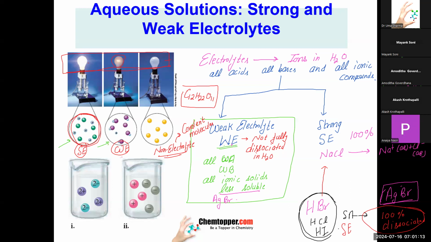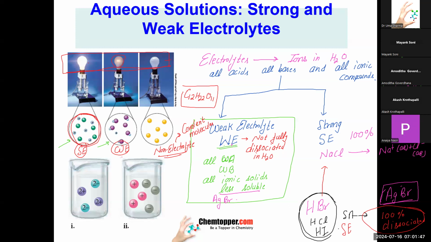Metals. So do you think metals are electrolyte, Mayank? Yes, children, metals are electrolyte? No. They don't dissociate into ions in water. They are solid, they will remain as solid only in water, but still they are good conductor because of the presence of free moving electrons. But they are not electrolytes. Mayank, you have understood your error?